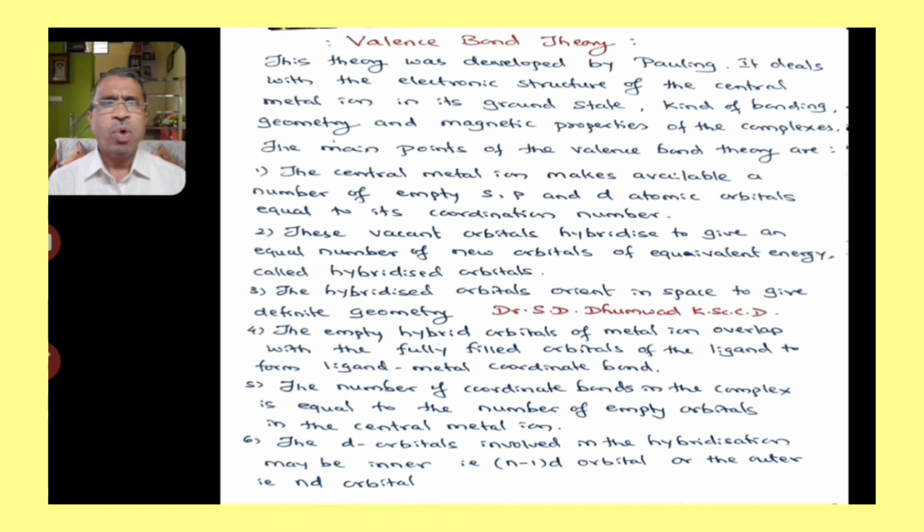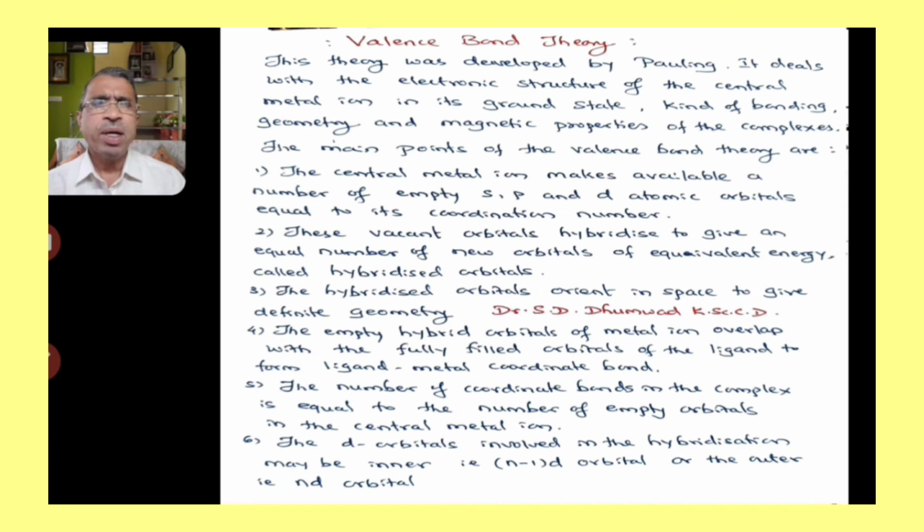The main points of the valence bond theory are: the central metal ion makes available a number of empty s, p and d orbitals equal to its coordination number. These vacant orbitals hybridize to give an equal number of new orbitals of equivalent energy called hybridized orbitals. The hybridized orbitals orient in space to give a definite geometry.